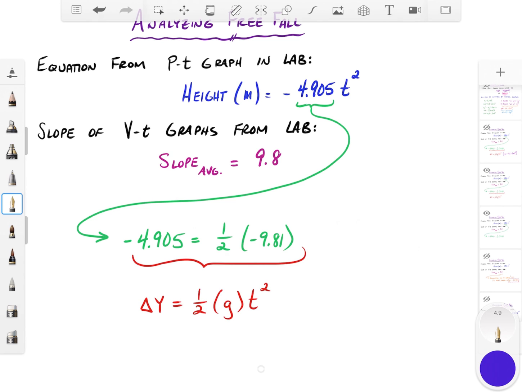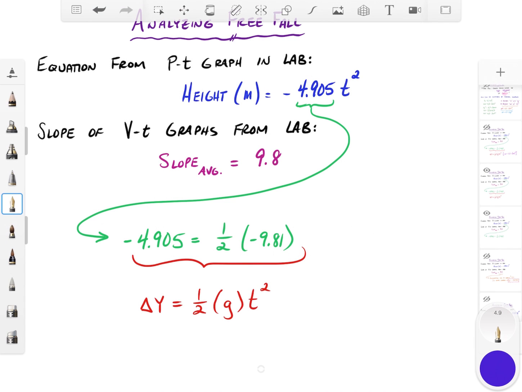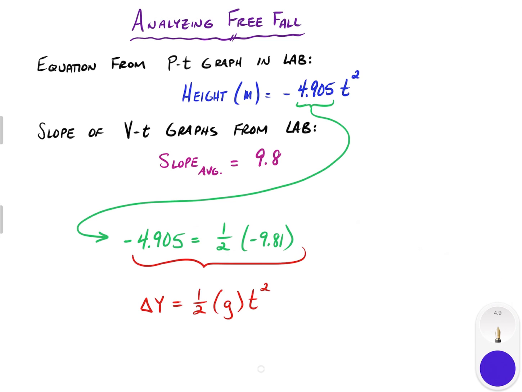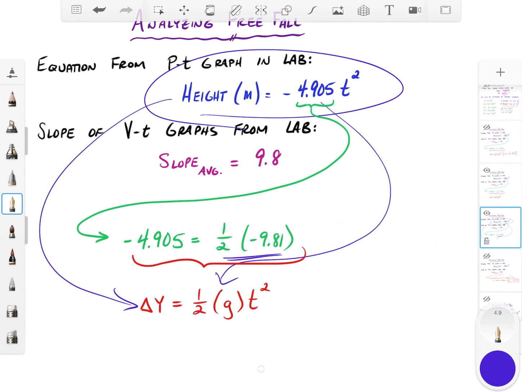So if I take out negative 9.81 and replace it with little g, the acceleration due to gravity, and we realized that the height is really just your change in y, I'm taking this equation up top and just replacing it. I'm replacing delta y as the height because that's the change in y, how high above the ground you are. And instead of 4.905, I'm just quite simply saying it seems to be exactly half of the acceleration of gravity on Earth.